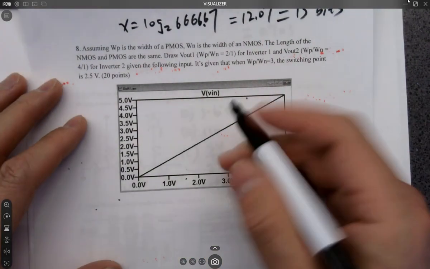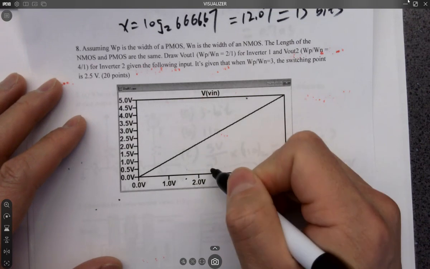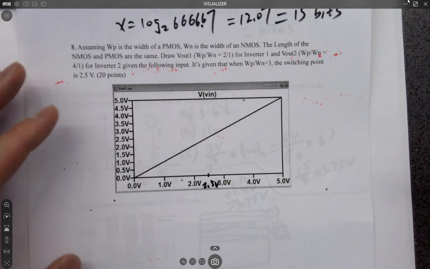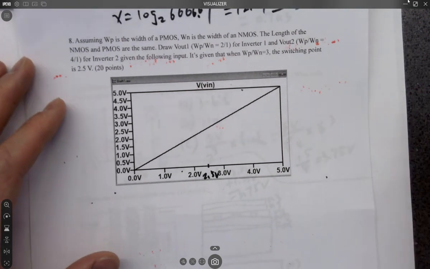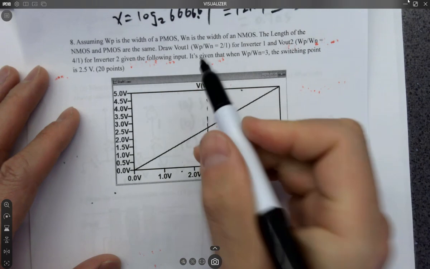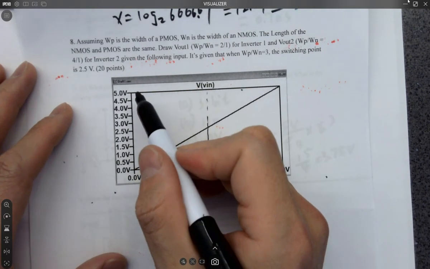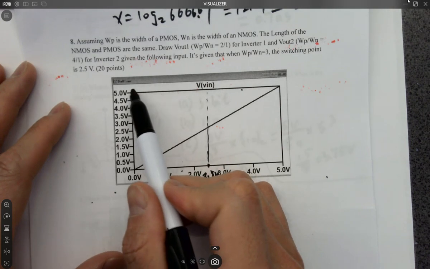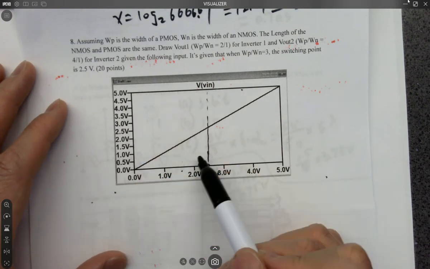If I'm doing this problem, I would label the 2.5 volts first, which is the middle switching point, and I'm going to draw a line here first. Some of the students are not drawing the output up to 5 volts, it's like 0.5 volts to 1 volt.